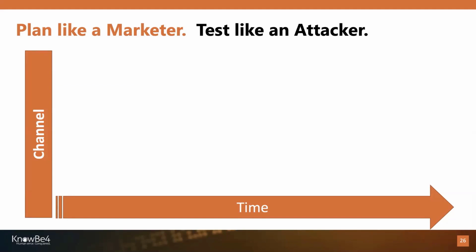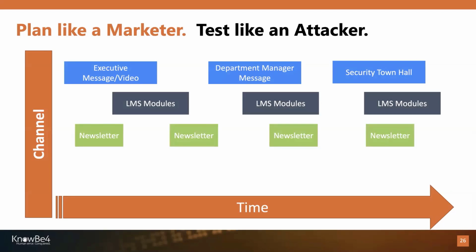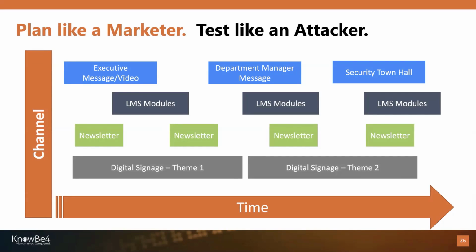When you think about this from a marketing perspective, I'll have different messages all reinforcing each other, going out over different channels, from newsletters to learning management system modules to executive messaging and so on. And then over periods of time, if I'm training a behavior, ultimately what I want to do is build secure reflexes.